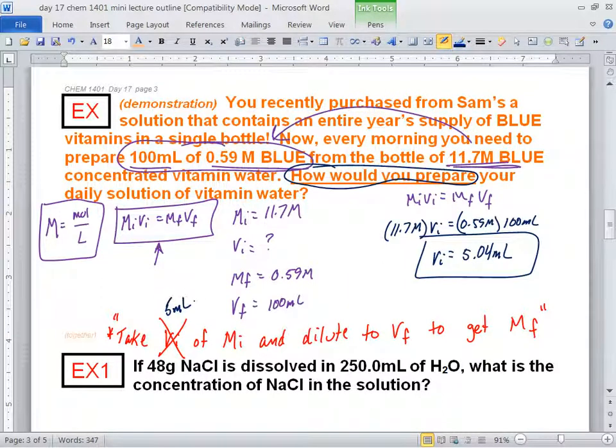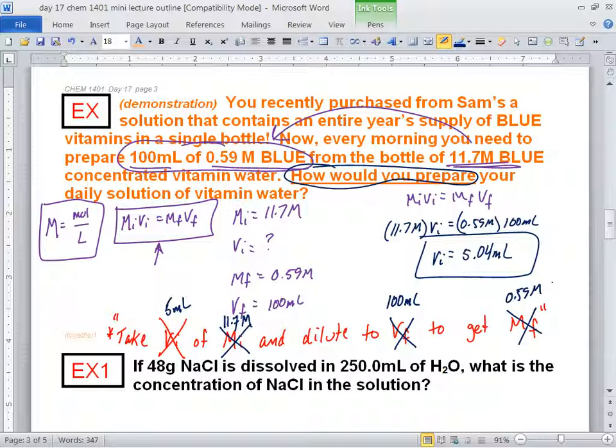Take 5 mils of Mi, well, Mi was 11.7 molar, and dilute to Vf, which is 100 mils, to get Mf, that's 0.59 molar. Okay, so those are my directions. Take 5.04 mils. Well, I can't measure the 0.04, so that's why I just wrote 5.